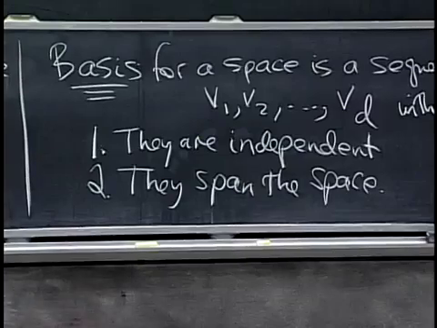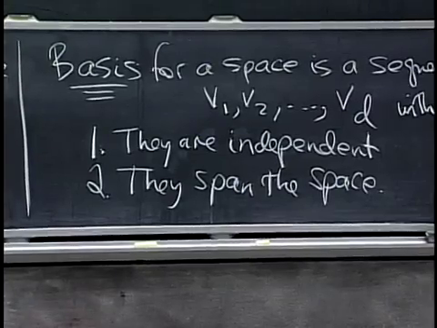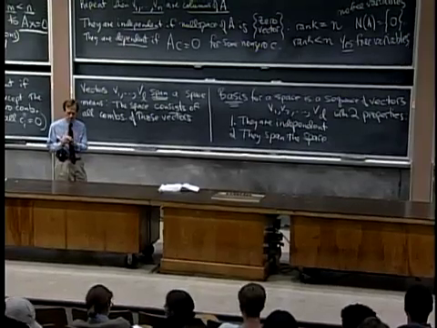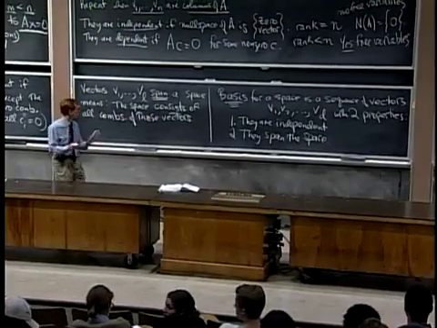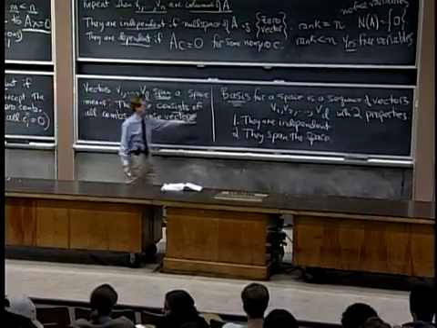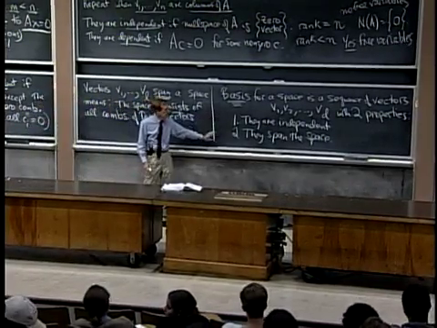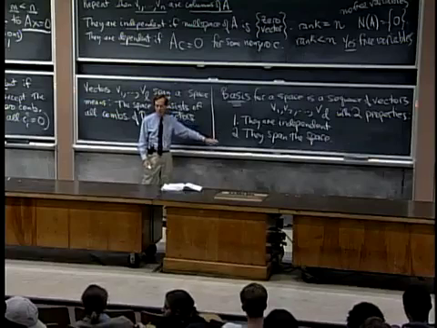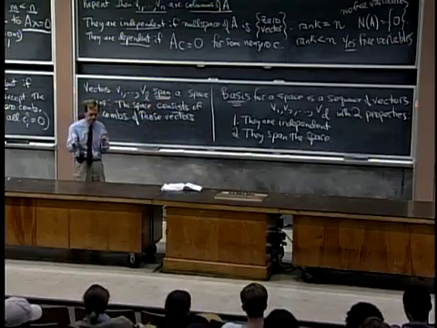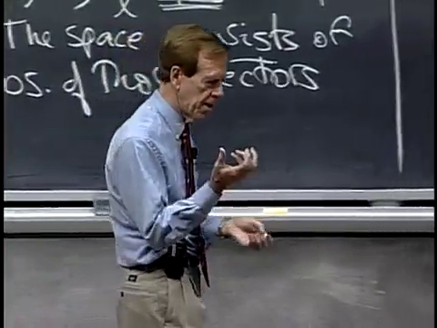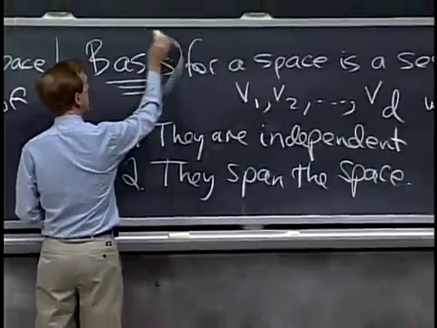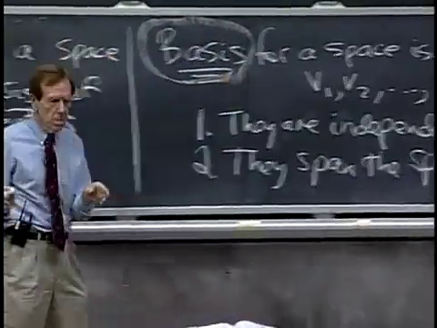Okay. Time for examples, of course. I'm asking you now to put definition 1, the definition of independence, together with definition 2, and let's look at examples. Because this combination means the set of vectors I have is just right, and so this idea of a basis will be central.